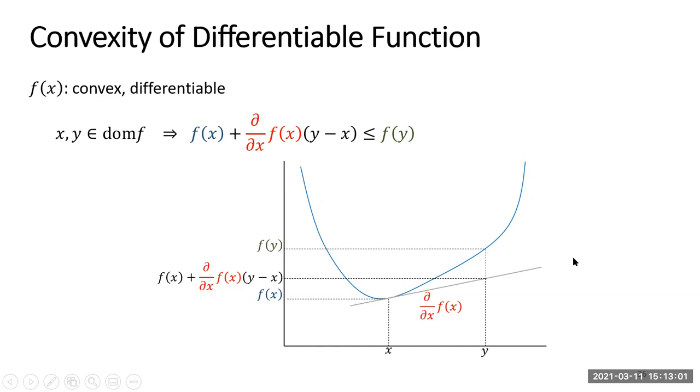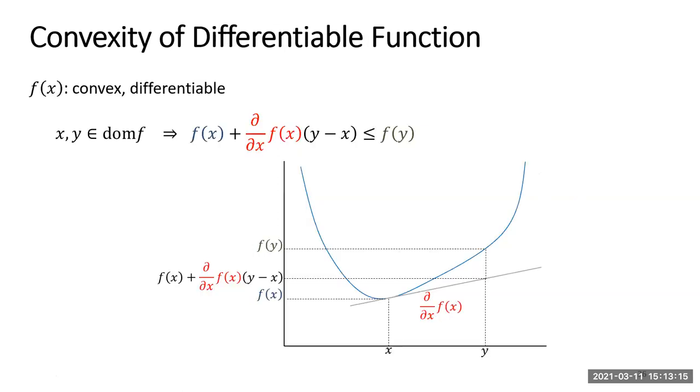Are you guys clear with this? Yes. Okay, and so this is a requirement for the function to be convex. This is for convexity, convex functions in terms of the first derivatives.